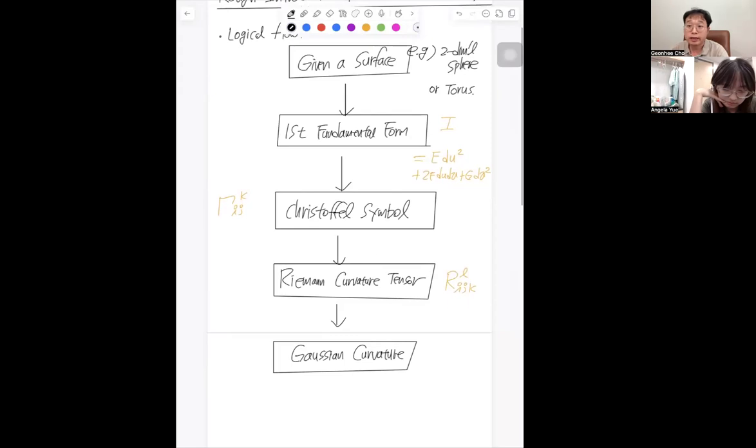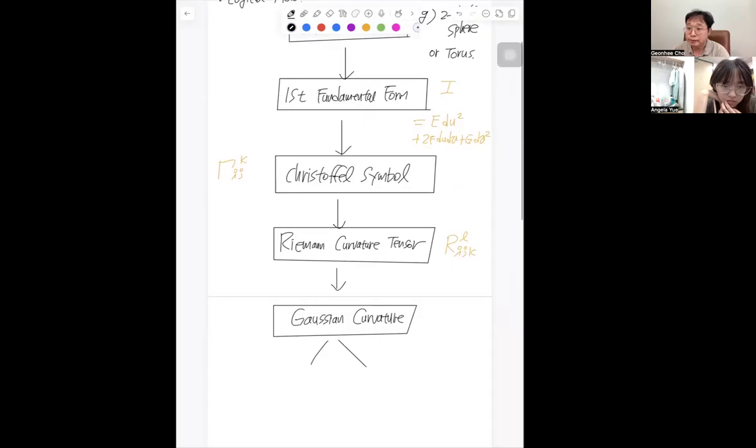From here, later on, we will split into two experiments for the project based on the value of the Gaussian curvature: experiment A and experiment B, for Angela and Jesse. Those experiments are done with Python and quantum simulator tools, but they are based on the computations of the Gaussian curvature.